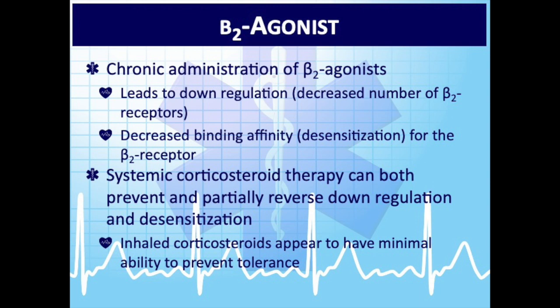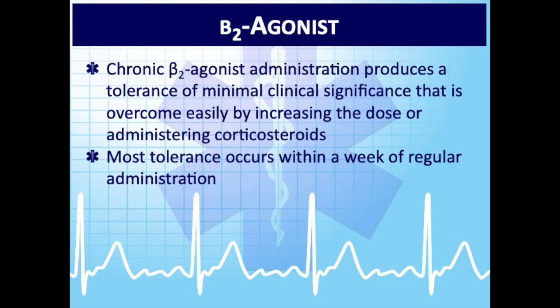So corticosteroids can be given a couple different ways. They can be either inhaled or you can give them systemically to these patients. If you start using chronic beta-2 receptor agonists, patients develop a tolerance to the drug itself. So they use it, and it's not going to work.